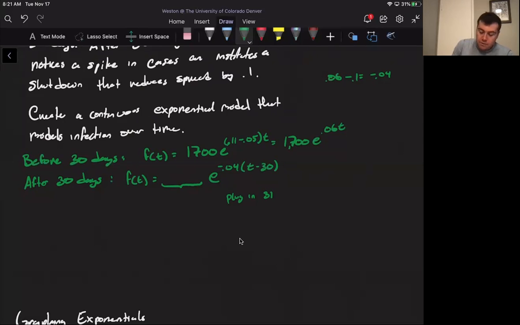So this minus 30 adjusts for that. And then our number out in front is just the new infected population on day 30.